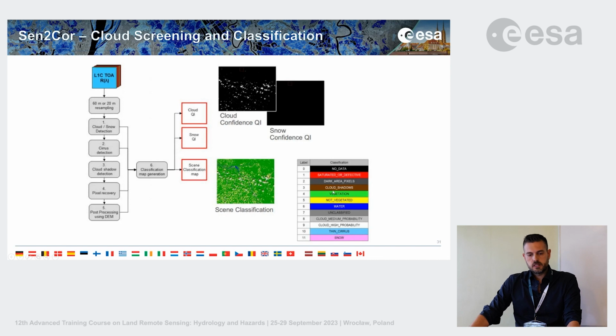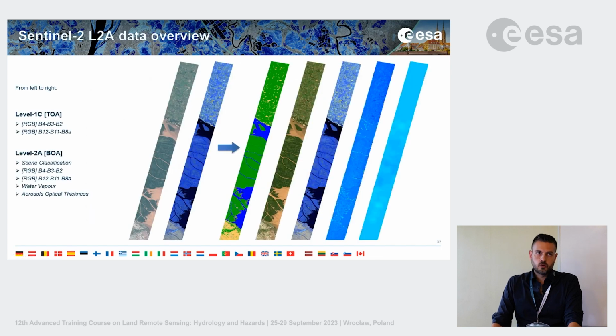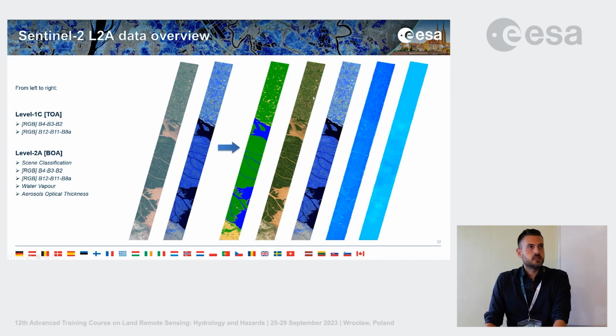And after, there is another step that can be useful, it's the co-registration. Because if the satellite is the same, not always, but in 90% of cases, there is no shift in geolocation. But if you use data from different satellites, the geolocation accuracy is different.